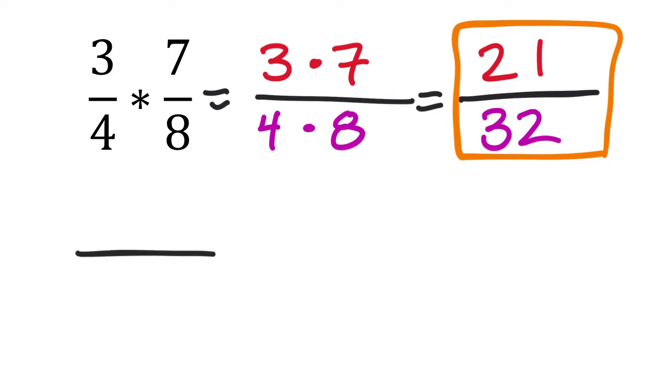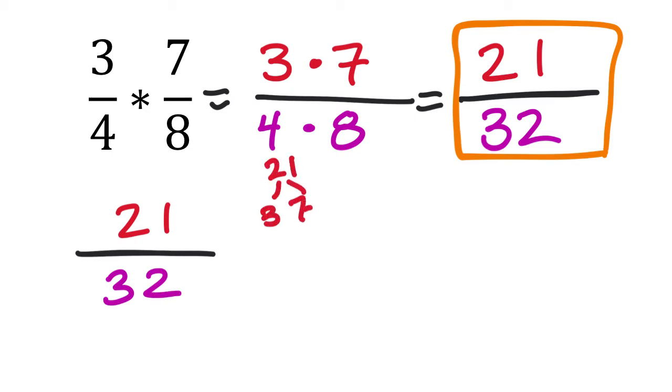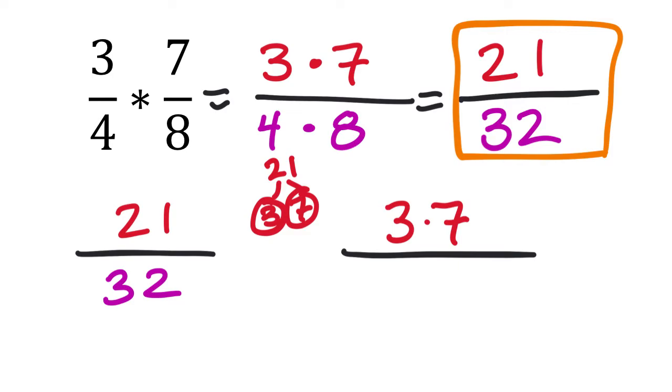Now again, if I went to my prime factorization between 21 and 32, 21 splits up, we already know, into 3 and 7. And the prime factorization will show that the numerator does not have any common factors to create a phantom 1 with in the denominator. So the 32, this is going to break up. I'm going to make this 4 and 8, like this. 4 splits up into 2 and 2.